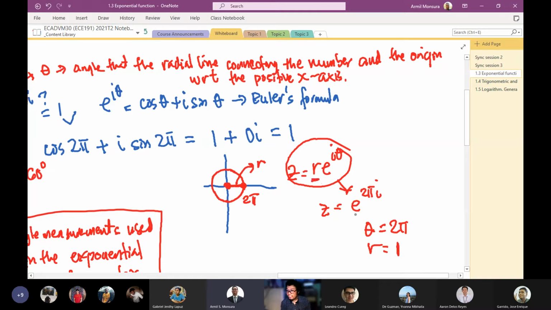Since you cannot see the coefficient here, that means that's 1. Maliwanag ba yan? So if R is 1 and theta is 2 pi, in polar form this number is also equal to 1 angle 2 pi.